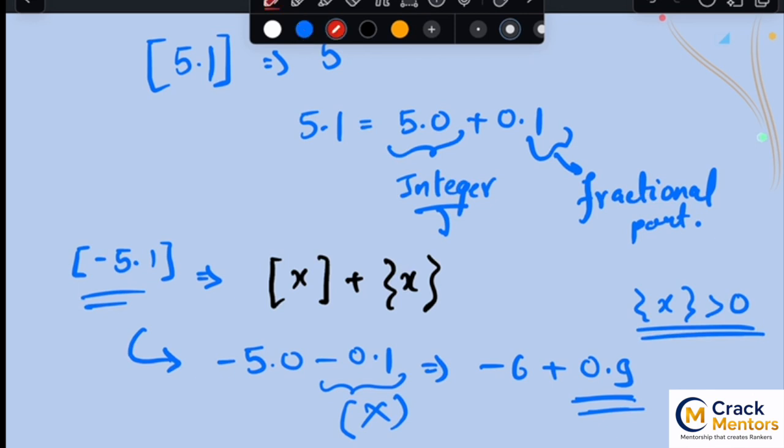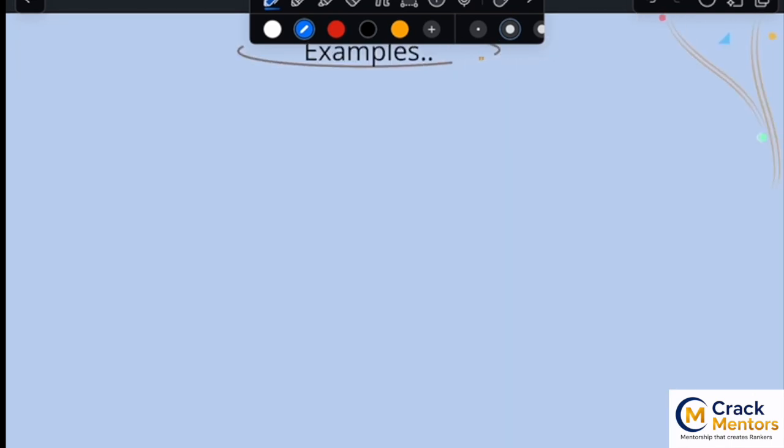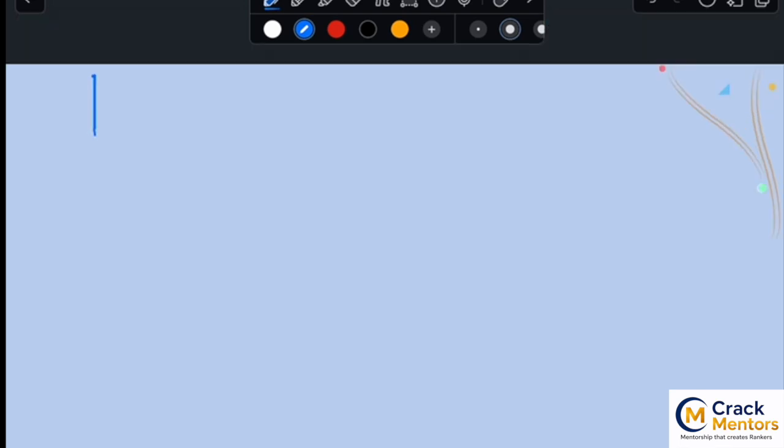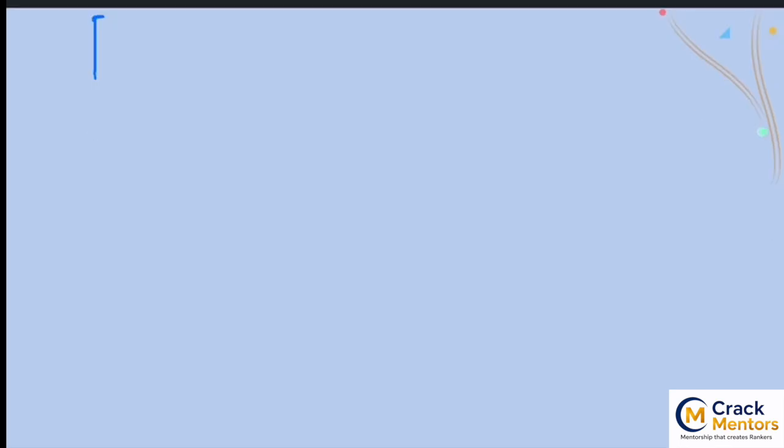So what do we infer? In order to write the greatest integer part of a negative number, we'll take a plus one value of it. What I mean to say is, if we have to write the greatest integer part of something like minus x, it will be minus of x plus 1.